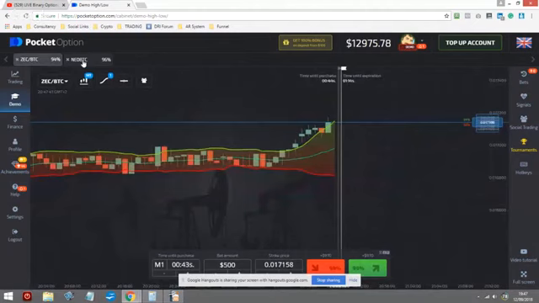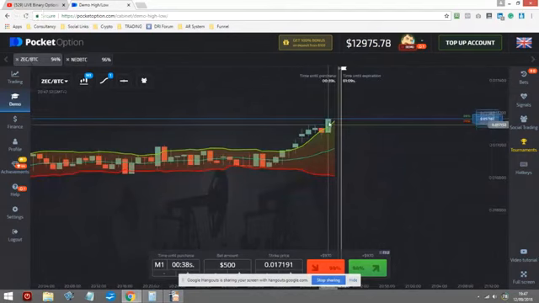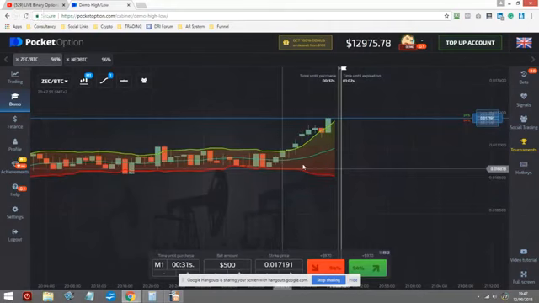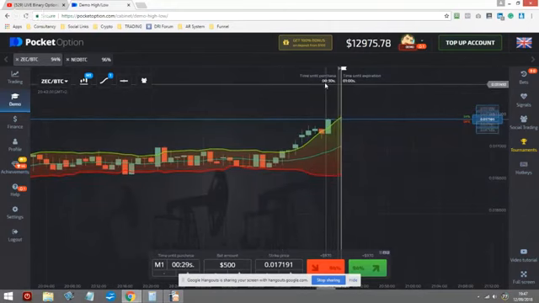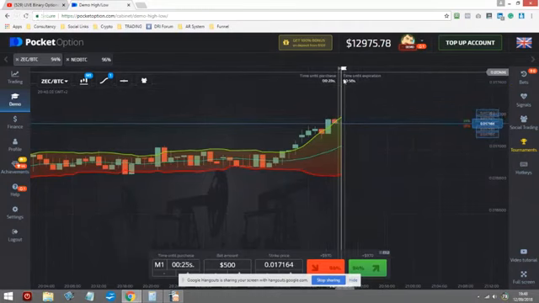You can see here the price is rising. Now how do I then place a bet? Well, you can see that we've got two timers here, one on the left, one on the right. In the course of today, we're going to be looking at the right hand timer.